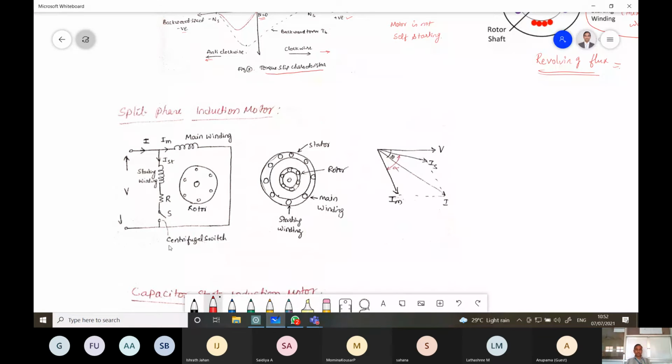This is the circuit diagram, figure A. This is figure B, the rotor and stator constructional diagram, and figure C represents the vector diagram.